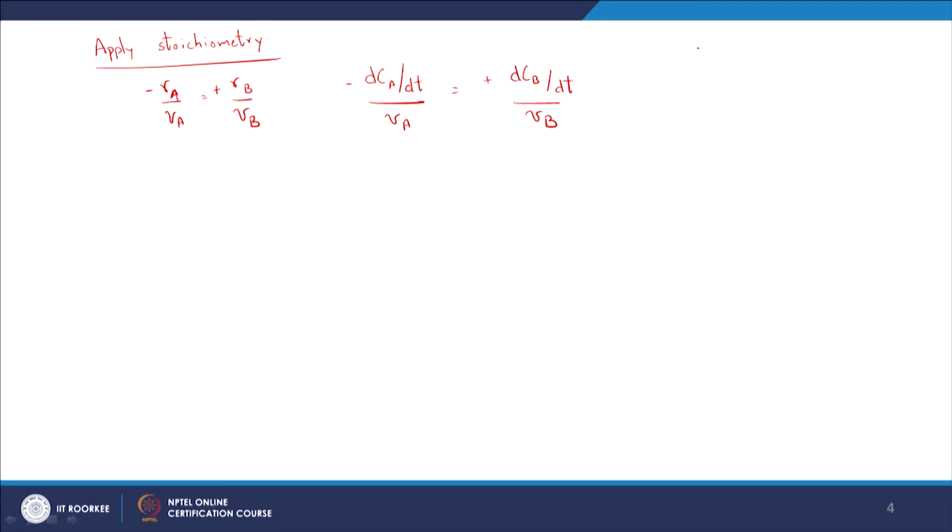So in this case what do we have? The equation we have is A goes to 2B. So let us plug them in here. And again it is C differential. So what is that going to be?